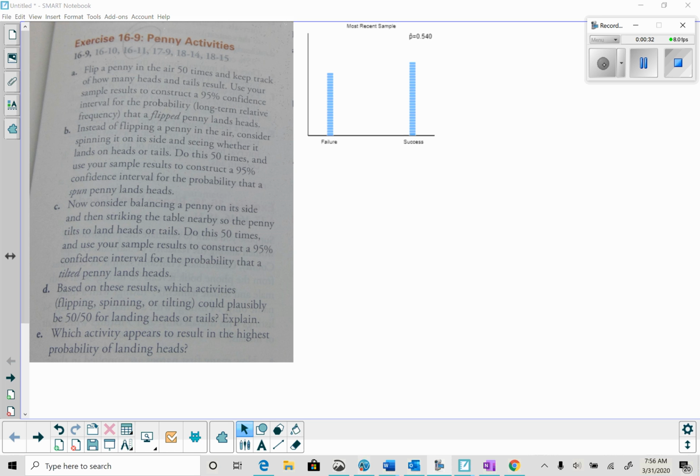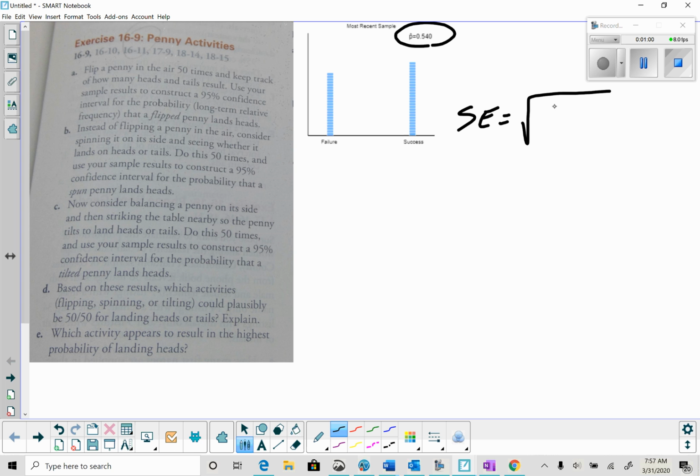Okay, so to construct our confidence interval, first thing that we need to do is figure out what that standard error is. Now, in my case, I've gone ahead and run a simulation of flipping the pennies and came up with a proportion of 0.54.